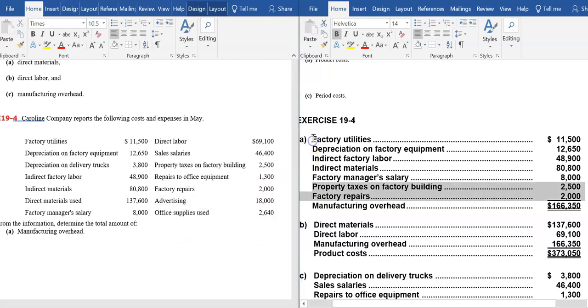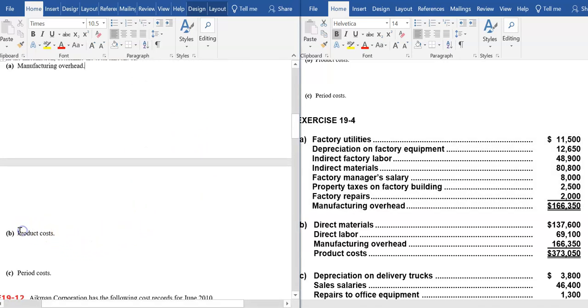We have now added up our total overhead costs. Of all of those costs, $166,350 are indirect costs of producing the product, indirect manufacturing costs. Now, out of all these costs, let's add up the total product cost.